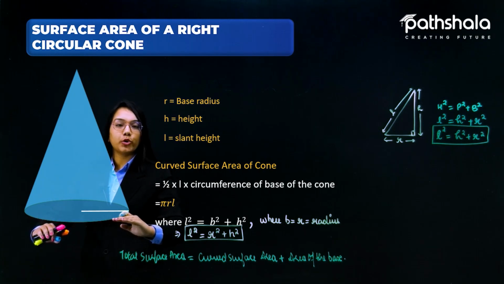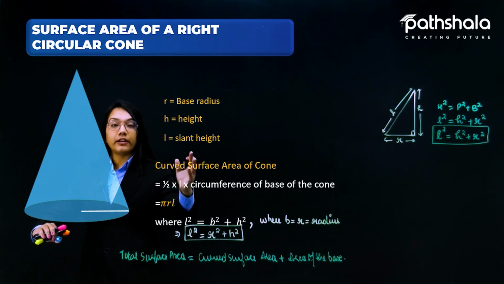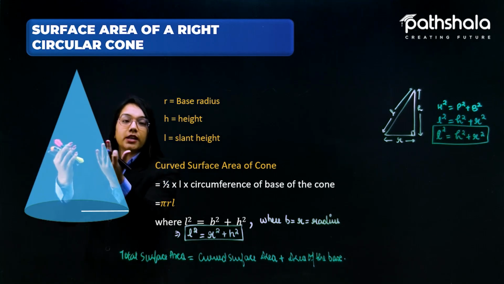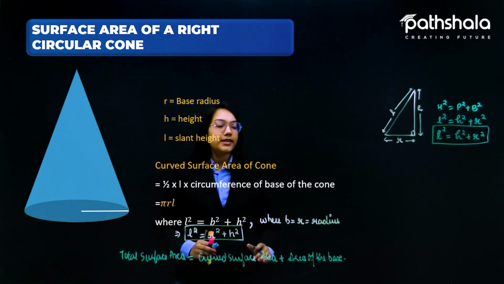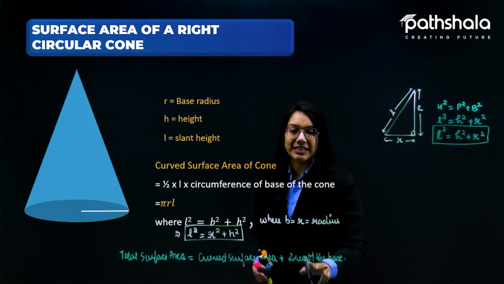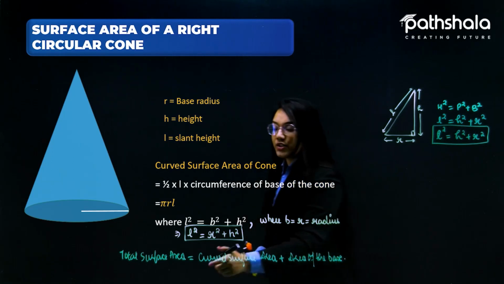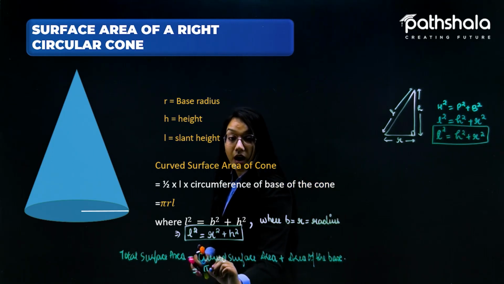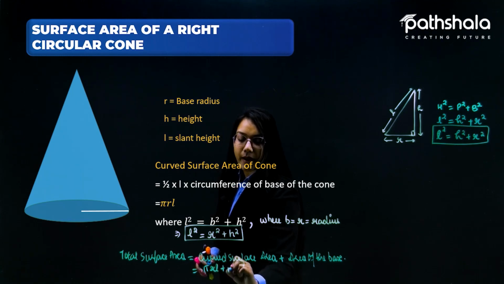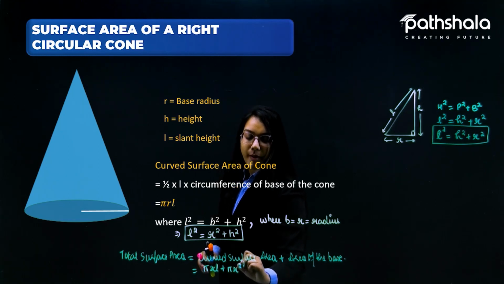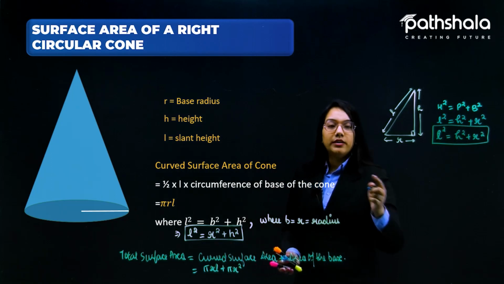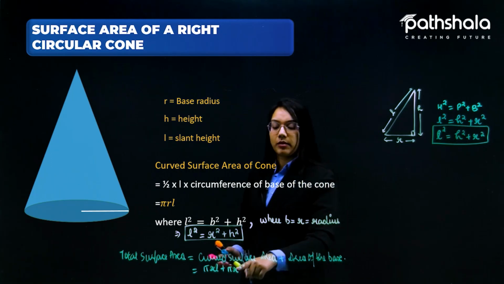So the total surface area should definitely be the sum of the curved surface area plus the area of the base, and since the area of the base is the area of a circle, this would be pi RL plus pi R square, because the radius of the base is small r.